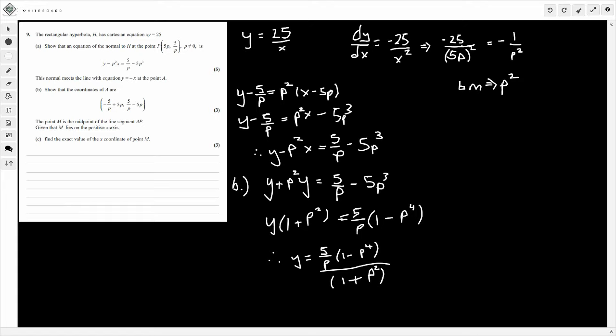This 1 minus p to the 4 looks a bit funny, but just recognise it's the difference of two squares. So I can write it as 5 over p again, times 1 plus p squared and 1 minus p squared, and then again we're dividing by 1 plus p squared.